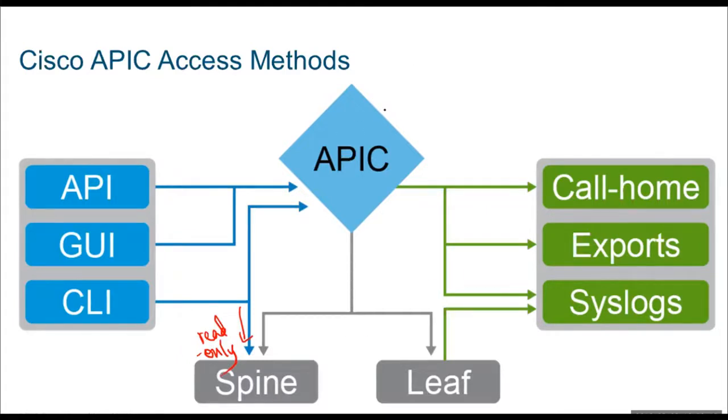It's the single source of truth. We saw in the last chapter that you can send your system log messages or your events notification to any of these destinations that you specify.